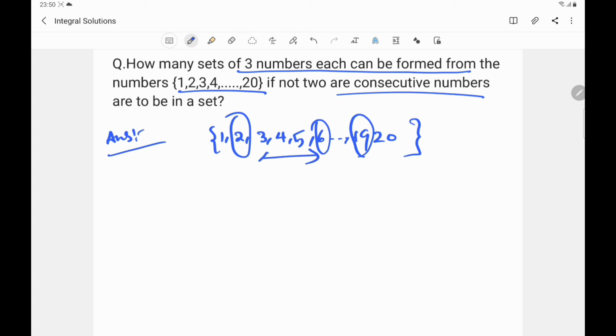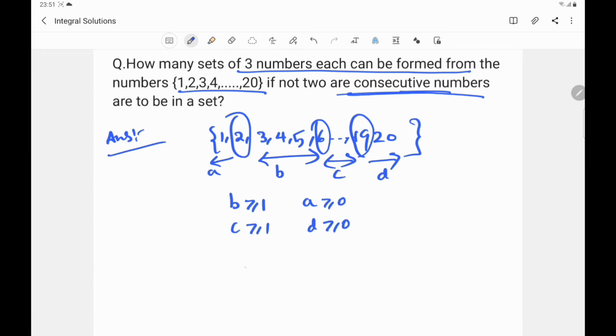The gap here, let it be B, let this be C. B should be greater than or equal to 1 because no 2 are consecutive, and C should also be greater than or equal to 1. Similarly, to the left is A, to the right is D. So A is greater than or equal to 0 and D is greater than or equal to 0.